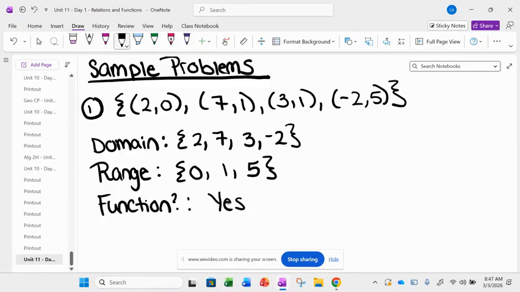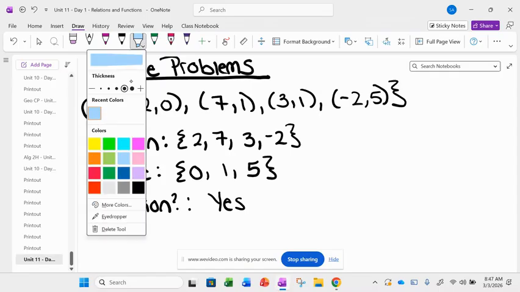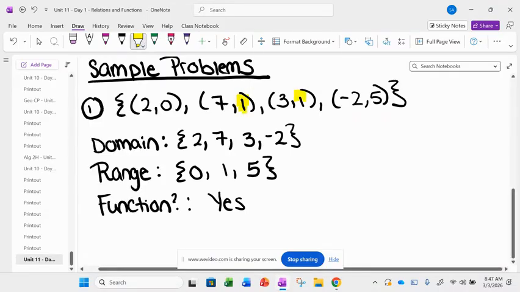Why is this a function? Because we don't repeat any X values. So this is a function because I do not repeat any X values. I did repeat the 1. Is that okay? Yeah, that's absolutely okay.